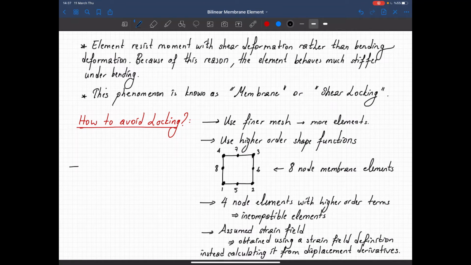And one final approach could be adding additional degrees of freedom to the nodes. We have 2 degrees of freedom at every node, so I can add a drilling degree of freedom and do the formulation accordingly.